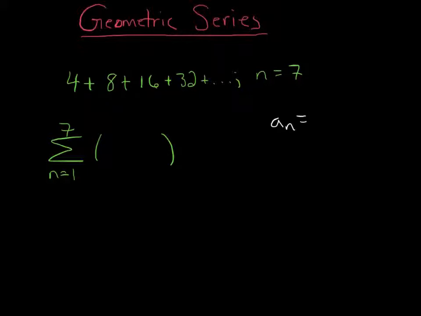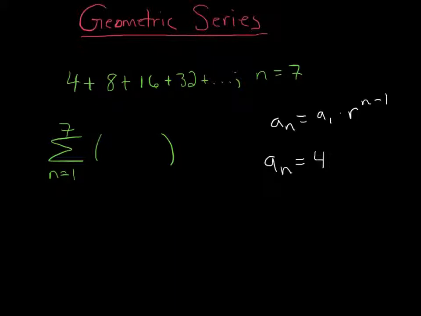Now, the geometric explicit formula is the initial term times the ratio to the power of n minus 1. So now let's look at this. The first term is 4, but what's the ratio?